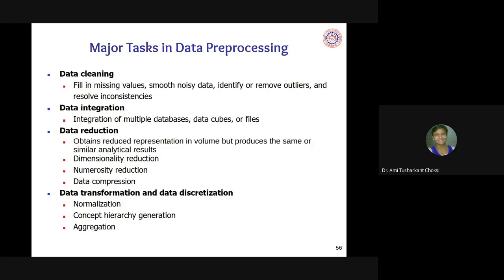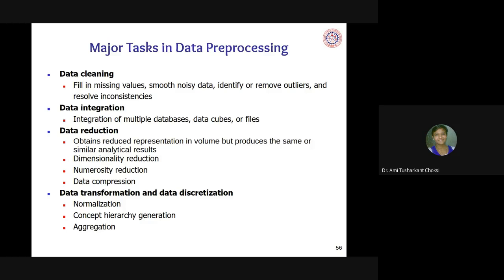What we computer engineering people do is try to reduce the execution time. We try to reduce the space, the memory, used by the algorithm. This is the normal optimization we do to any computer algorithm. For data mining also, we want the same thing.